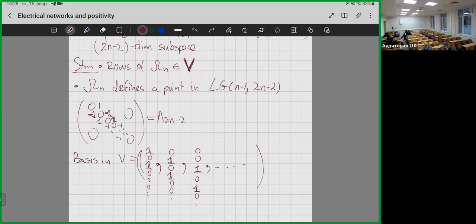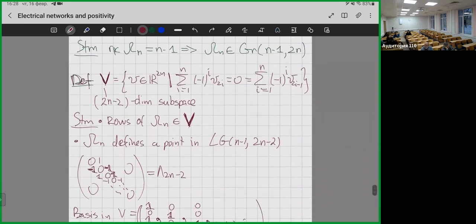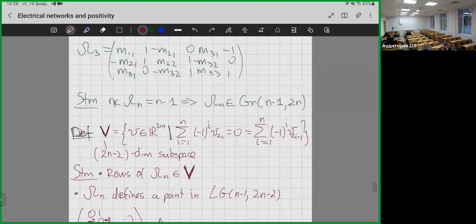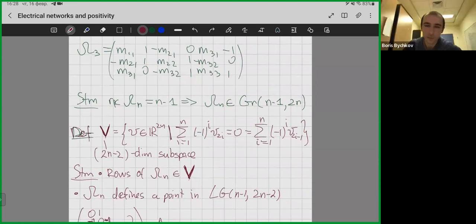But then what is an electric network? It is an equivalence class with respect to electrical transformations. Electric transformations do not change the response.